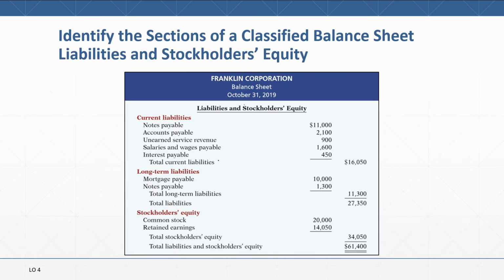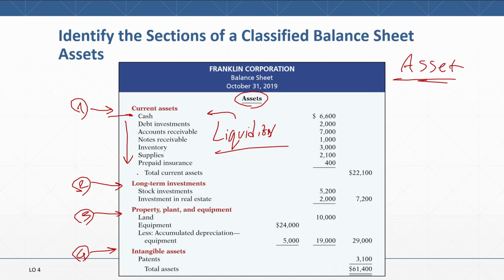Under the liabilities, again, just like assets, we start by reporting current liabilities first and long-term liabilities next, and at the end, we report equities. Again, the order matters even within the equity section. But I didn't talk about the differences between current and long-term liabilities as well as current and long-term assets.